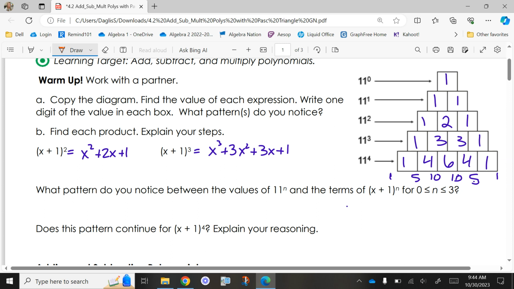Would you say the coefficients here are 1, 2, 1? Would these coefficients be 1, 3, 3, 1?